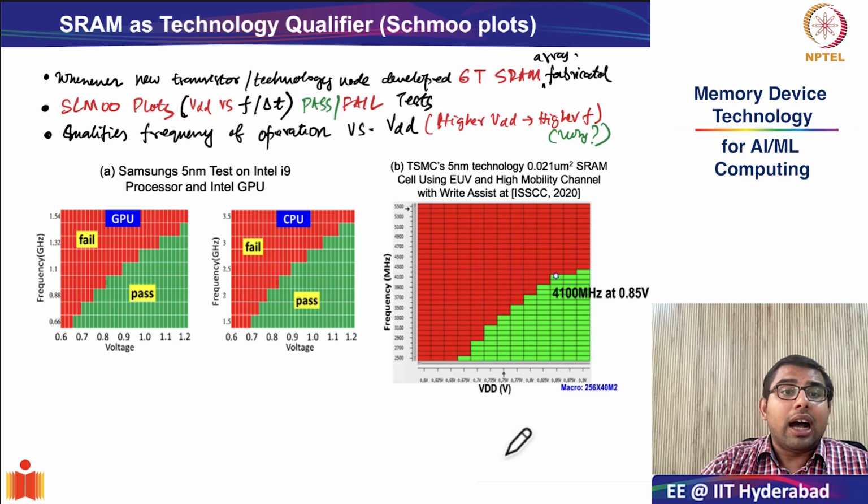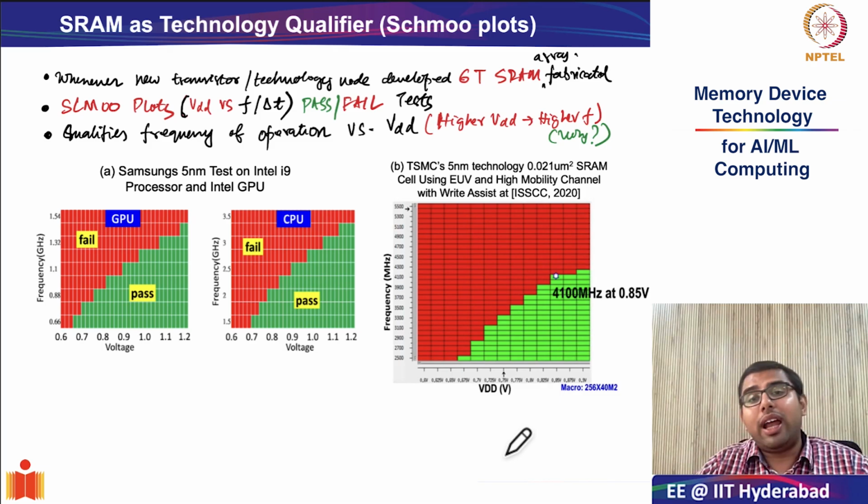Since SRAMs are made from these highly advanced technology nodes, whenever a new transistor technology node is developed, the 6T SRAM cell array is fabricated using that technology node, and by doing multiple read and write operation test cases, you try to see how well your SRAM is performing and therefore how well your transistor technology is also performing.